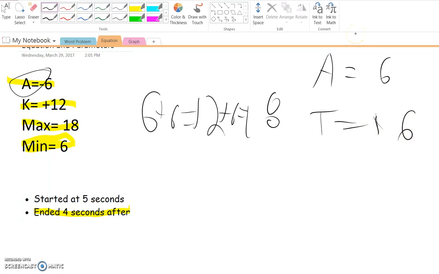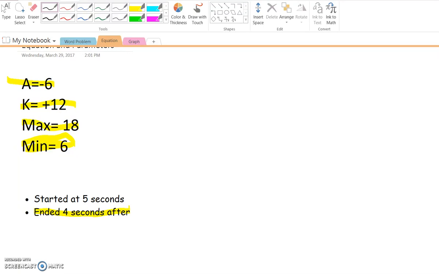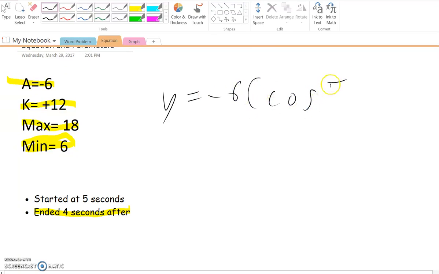Since it's a cosine graph and it starts at its lowest point, it's going to be negative 6. Now that we have all the parts, we can finally make our final equation, which is y equals negative 6 cosine of pi over 4 (x minus 1) plus 12.